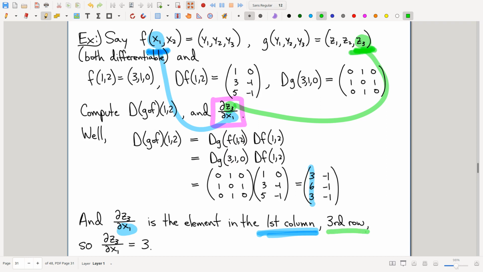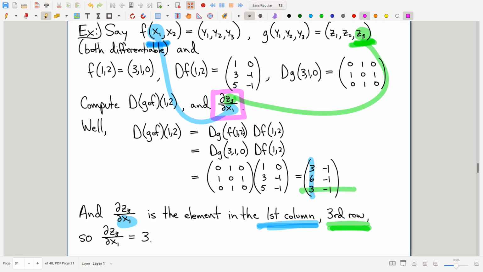That means we're looking in the third row. And so this number is the partial derivative we're looking for. How are we doing on that? Everybody all right there? Okay. Cool.